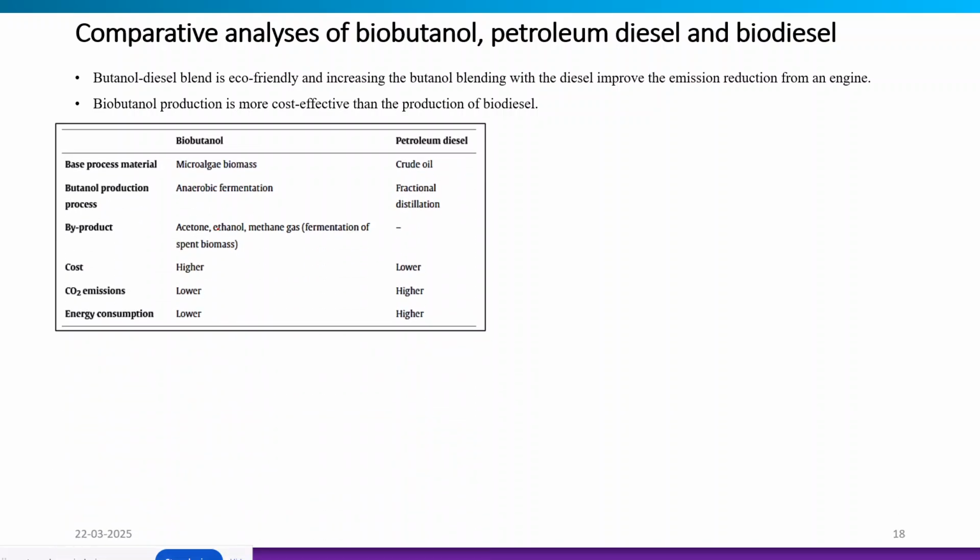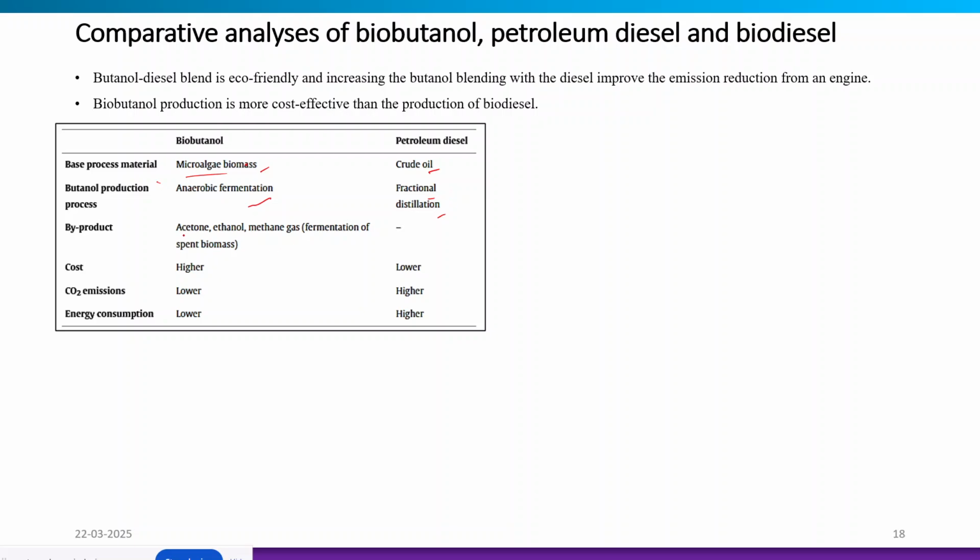You can see from this comparison that biobutanol is produced mostly from microalgae biomass, while crude oil is the main feedstock for the other, and anaerobic fermentation is followed for producing biobutanol, where fractional distillation and high temperature, high pressure conditions are followed. This is also cost intensive.